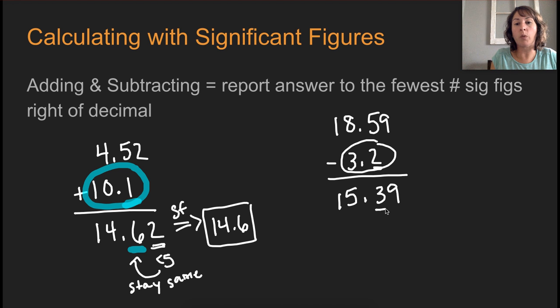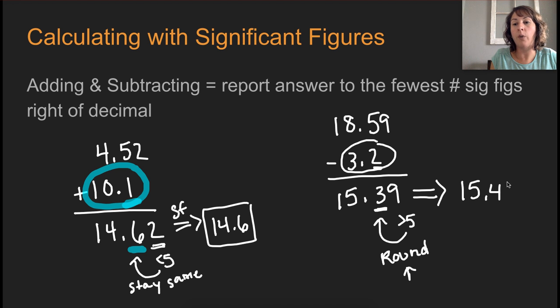So that means we're going to only have one right of the decimal. Now, the 9 is actually going to be greater than 5. And so that means that we have to round this up. Okay. So our answer with proper sig figs is going to be 15.4, and that would be the way that we would report our answer.